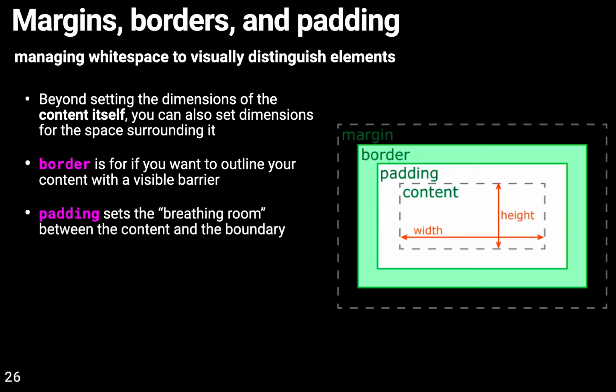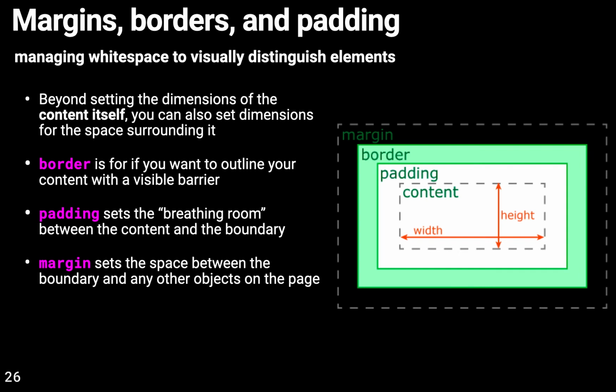Padding is sort of the breathing room between whatever the content is, usually text, and the edge, the border, right? That boundary of what this element actually is. So sort of think of it as internal white space, whereas margin is the external white space. So the space between the boundary and other objects on the page.